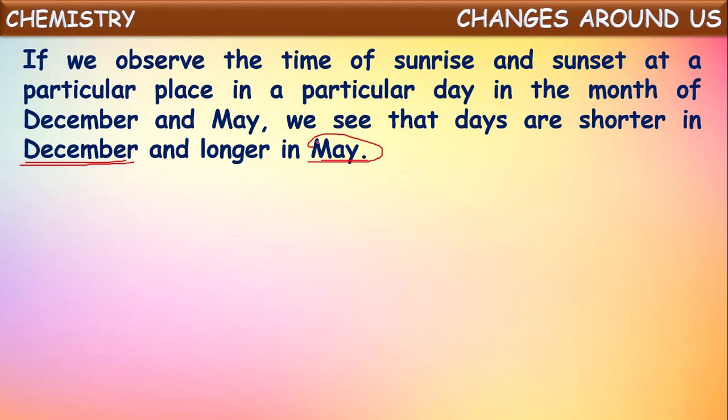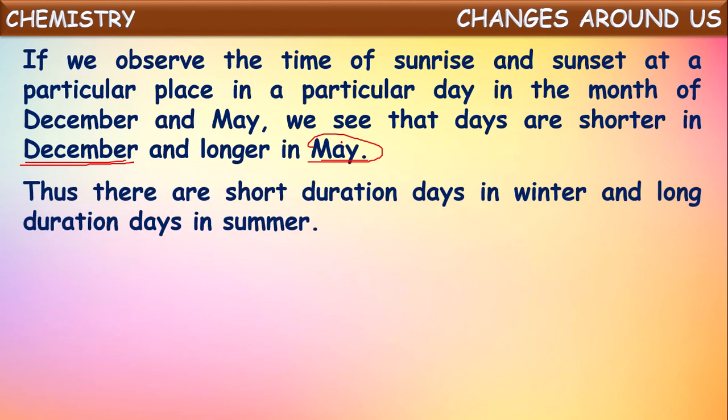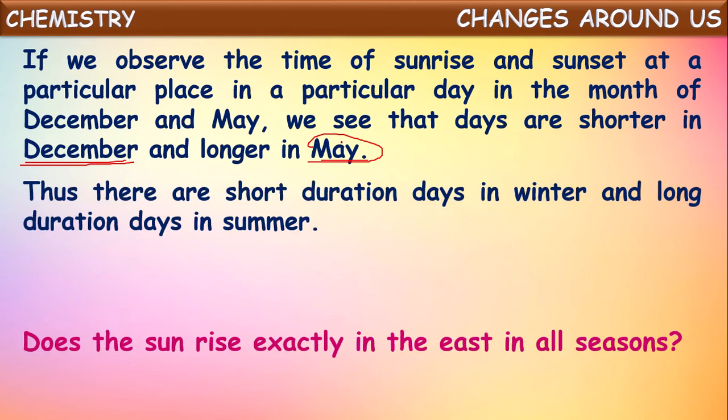So in these two months the time of sunrise will be different, and the duration of daytime also will be changed. Thus there are short duration days in the winter and long duration days in the summer.